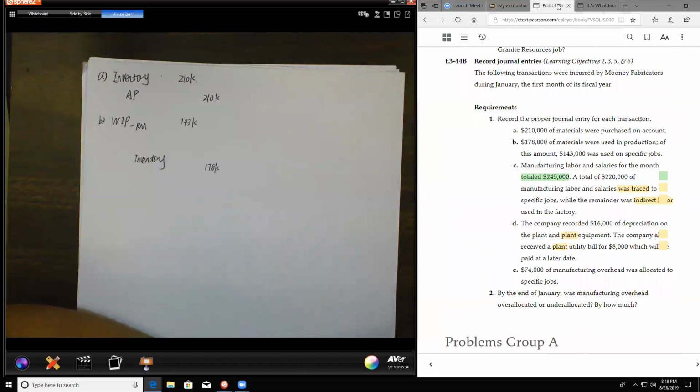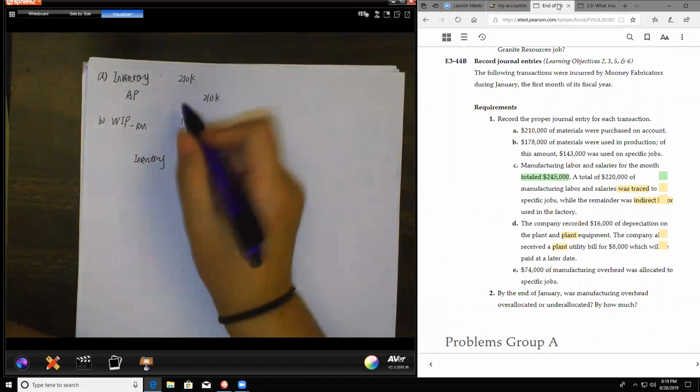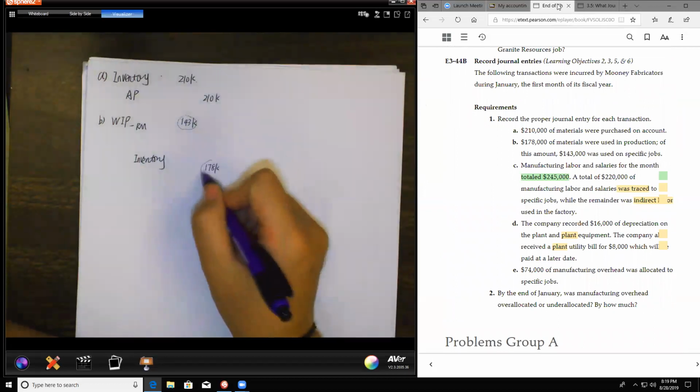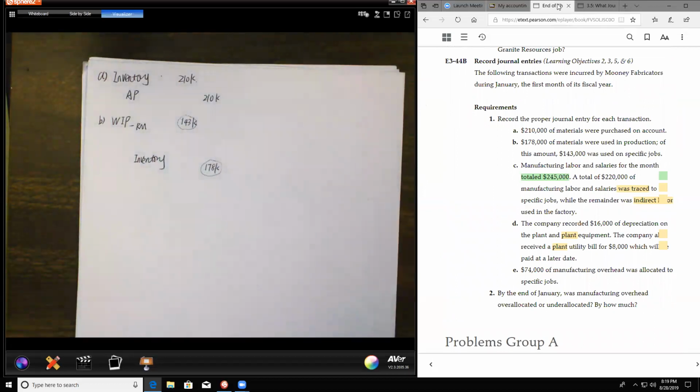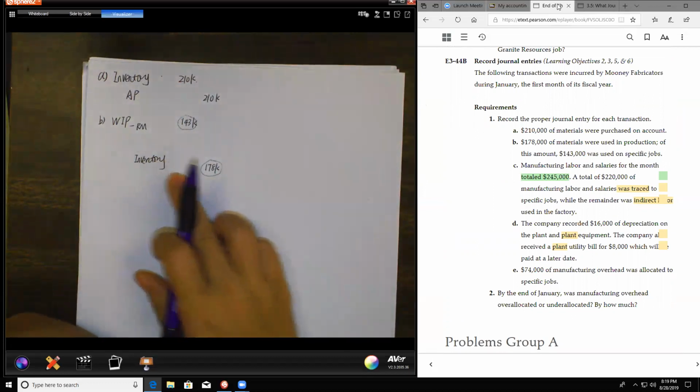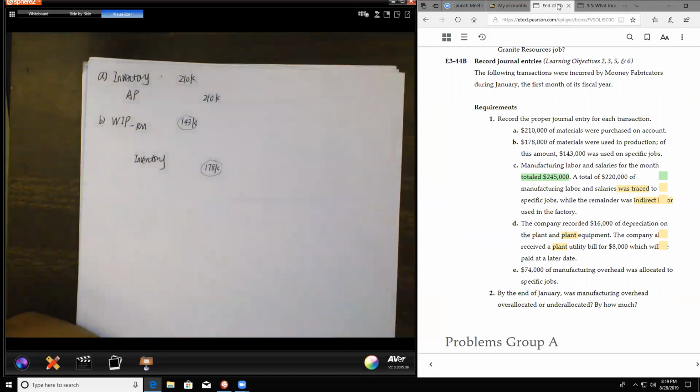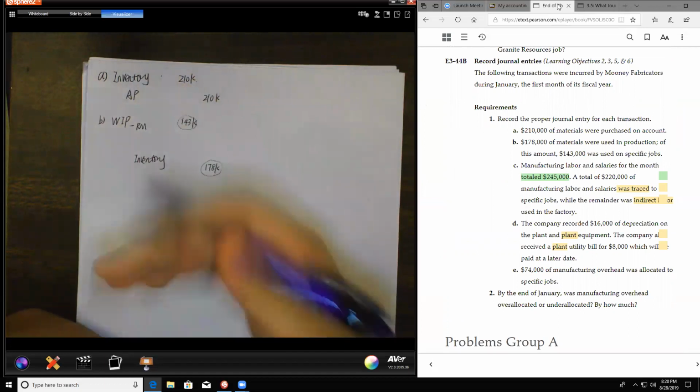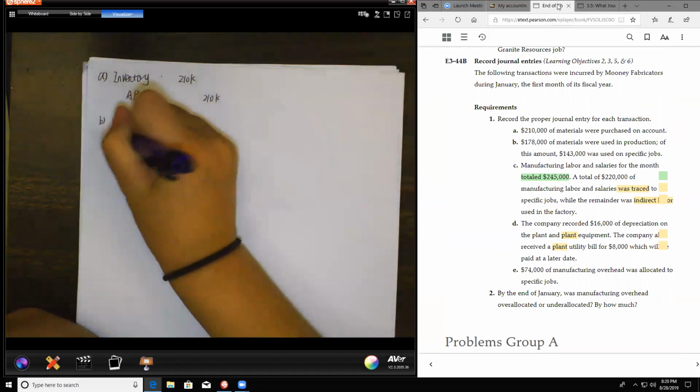Similarly, as your textbook, use of direct material, so you increase your work in process, you decrease your raw material inventory. You will say, hey, our debit is not the same as credit. What happened? You used 178,000 of the raw material, but only 143,000 goes to the work in process because that goes to the specific jobs. All the others cannot be traced.